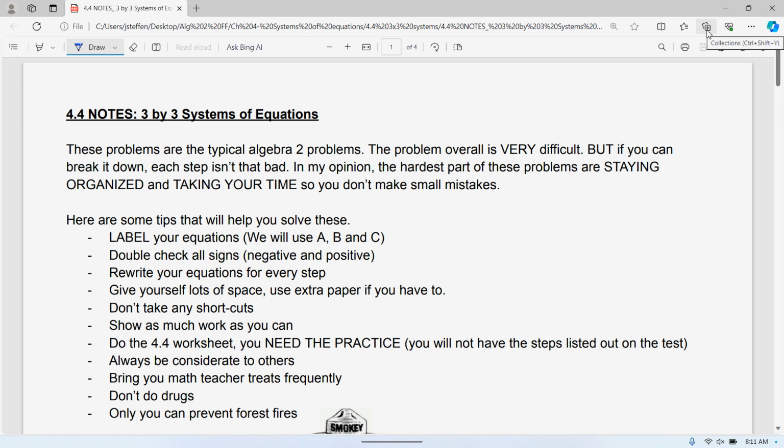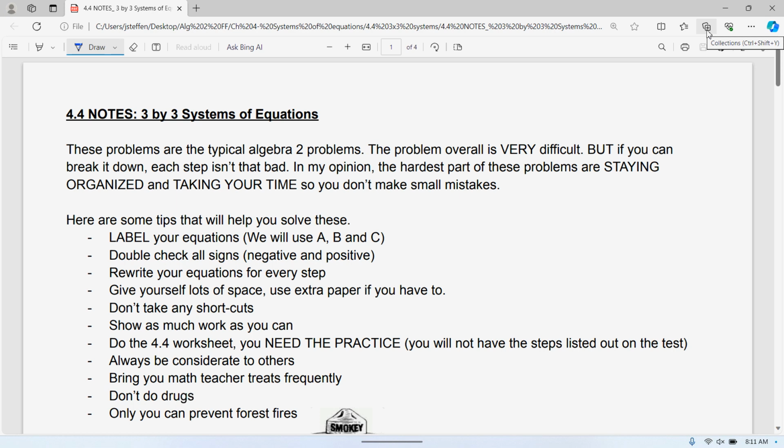Now, the biggest thing with this: these are certainly not easy at all. That is not what I'm going to say. But I don't think the math is that bad. I think the reason students don't do very well is because these problems take a long time and they're long, so they don't stay organized.